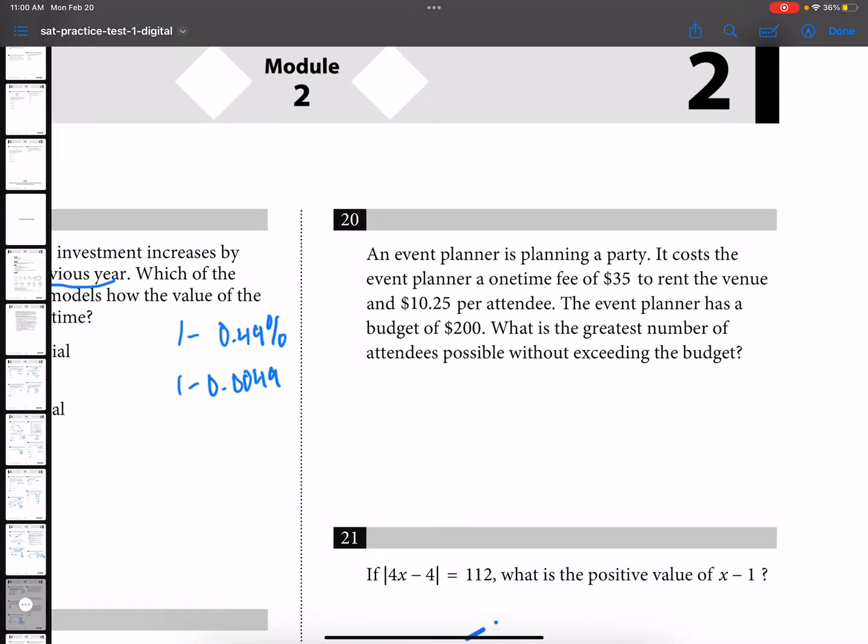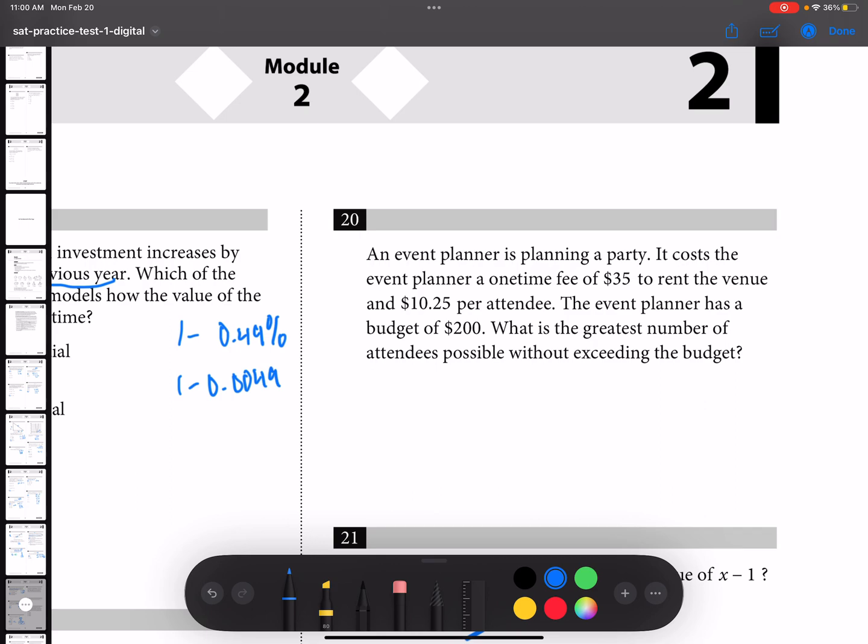All right, number 20. An event planner is planning a party. It costs the event planner a one-time fee of $35 to rent the venue, and $10.25 per attendee. The event planner has a budget of $200. So what's the greatest number of attendees? So 10.25x means per attendee, and a one-time fee of 35, plus 35.